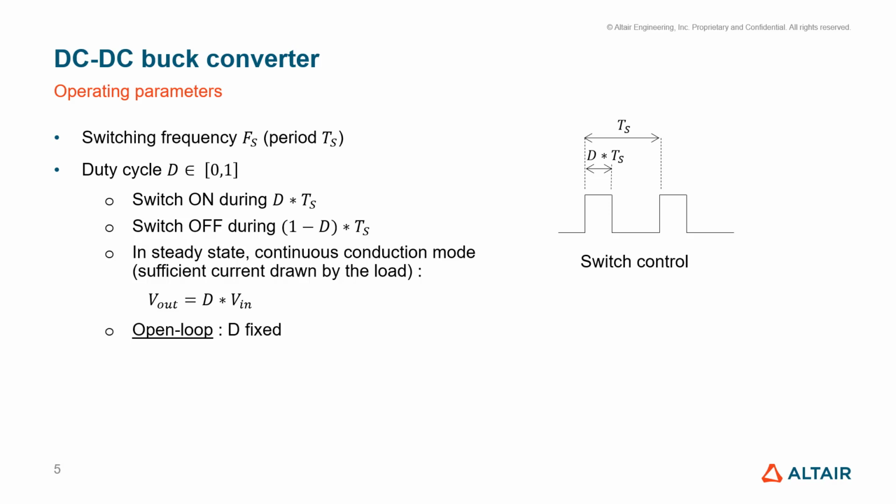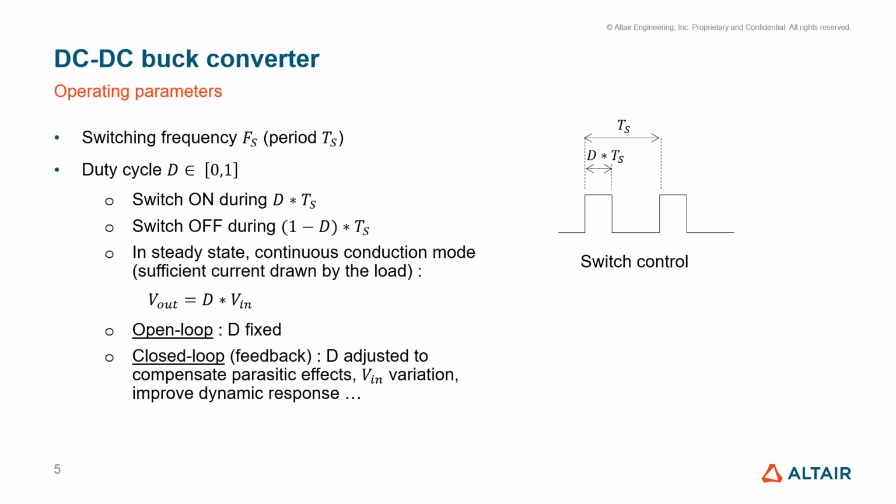In an open-loop operating mode, D is fixed, but there are several drawbacks like incorrect output voltage or poor dynamic response. A feedback control is added to provide a closed-loop operating mode.